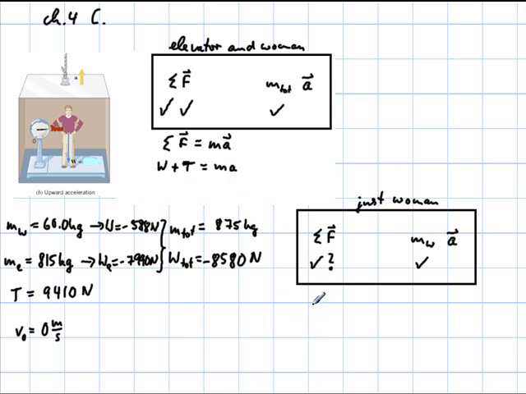For just the woman, we have, of course, sum of the forces equals mass times acceleration. And here we have the weight of the woman plus the normal force equals mass times acceleration.